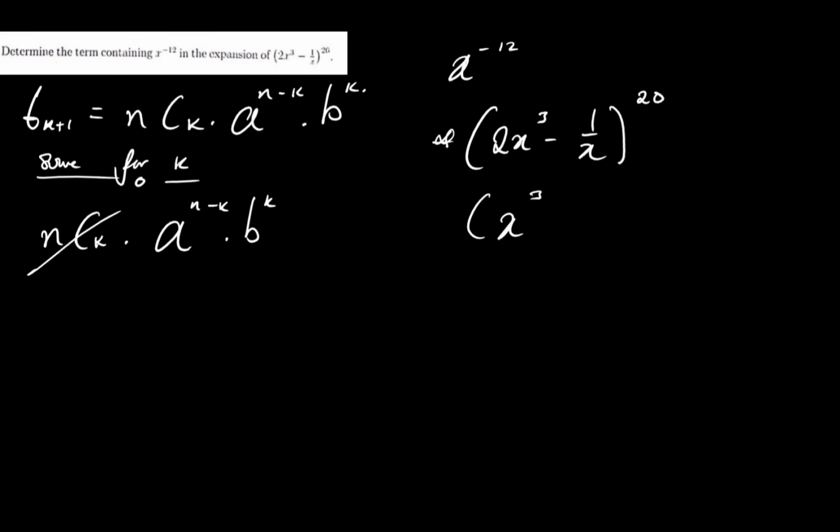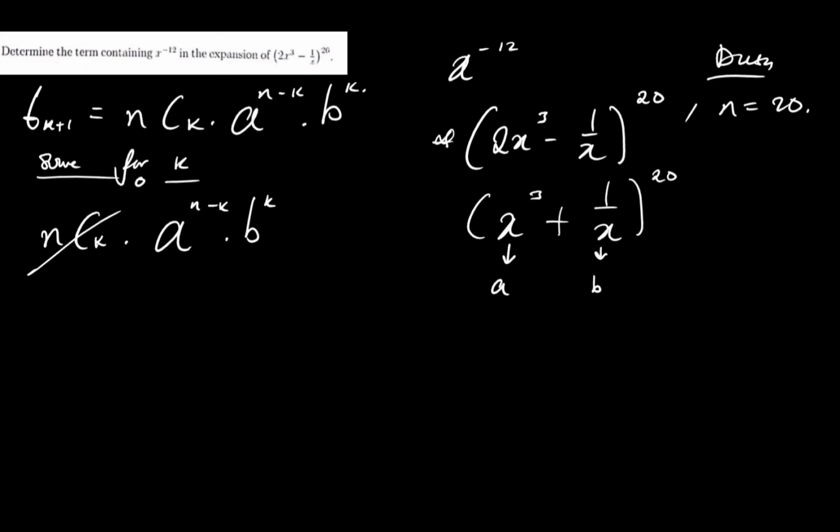And also neglect the negatives and assume positive. Where there's negative, we have a plus, then 1 over x, and this is raised to the power of 20. This 20 is actually the n value, which is 20. So a is the first term, and b is the second term.